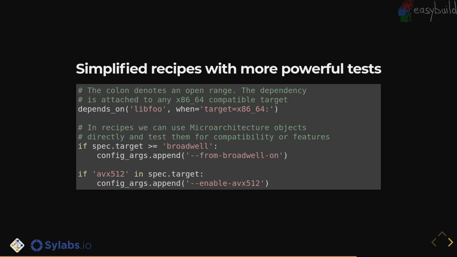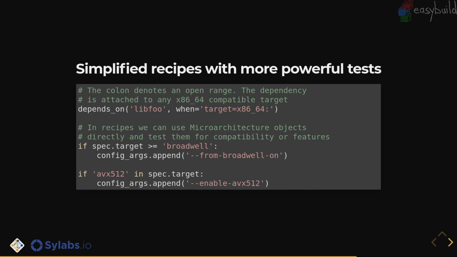So there is logic right now in packages like FFTW or OpenBLAS that, based on the target that you asked Spack to build for, will query that target and ask things like, hey, is AVX 512 available in the target that I'm using? Yes, okay, then use this configure option. Or is BMI 1, is NEON there? And this simplified a lot a few well-known packages that are especially using SIMD instructions to build.